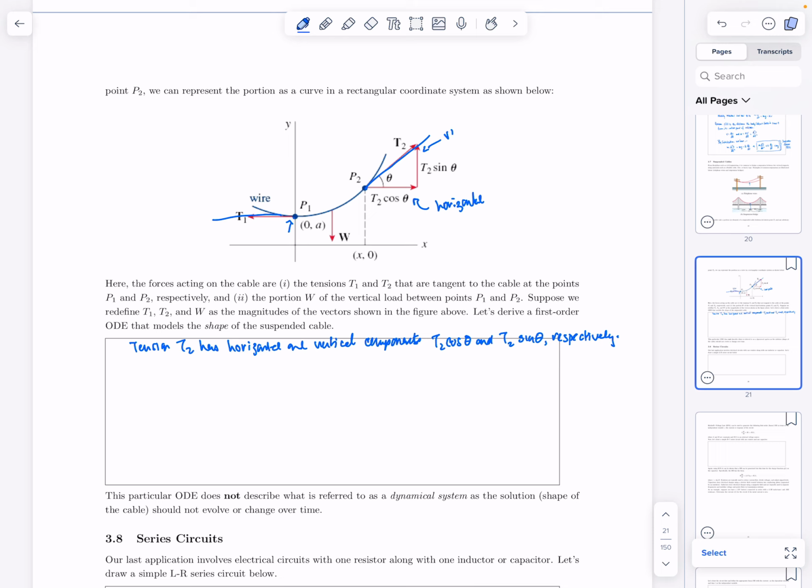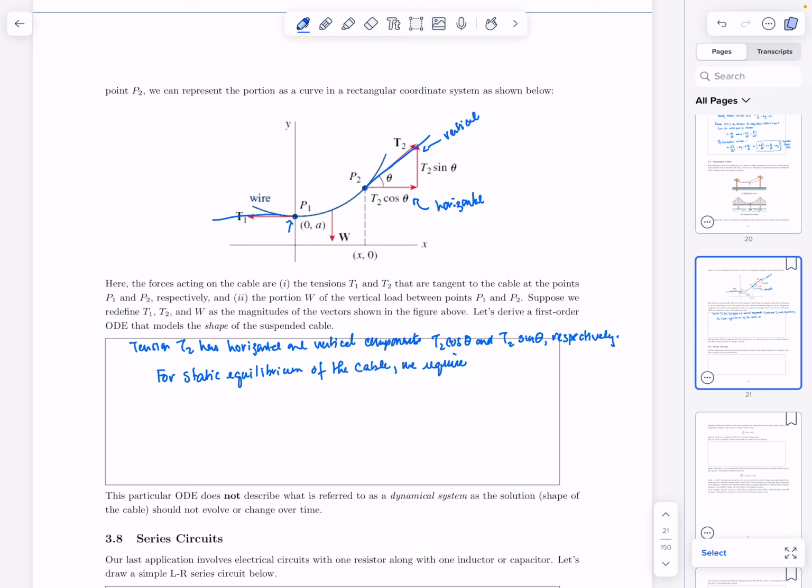So that's interesting because if you think about what we know about derivatives, the slope of a tangent line is the rise over the run. So if we want stability in the system, or maybe referred to more specifically as static equilibrium of the cable, we require those opposing forces in those dimensions to balance.